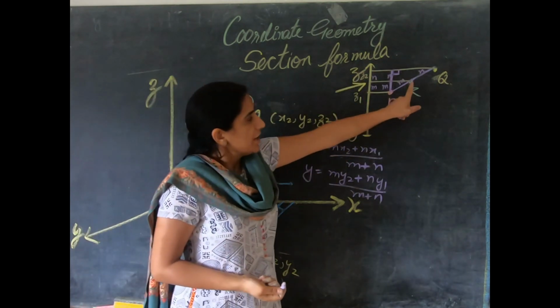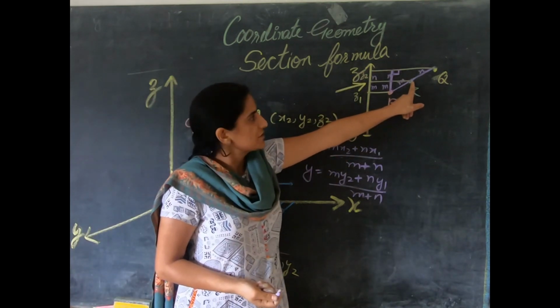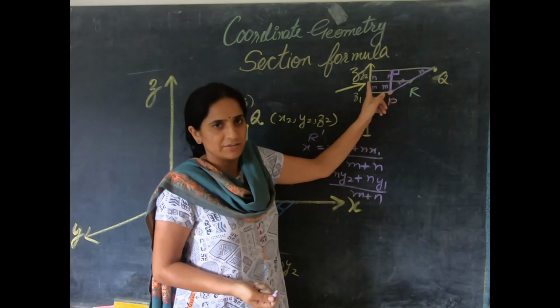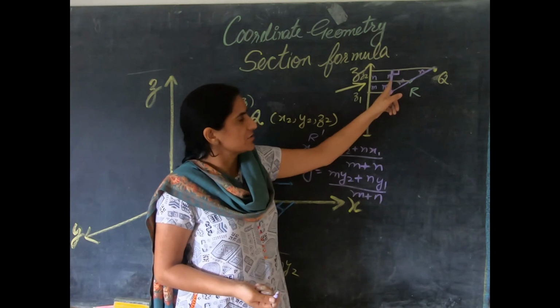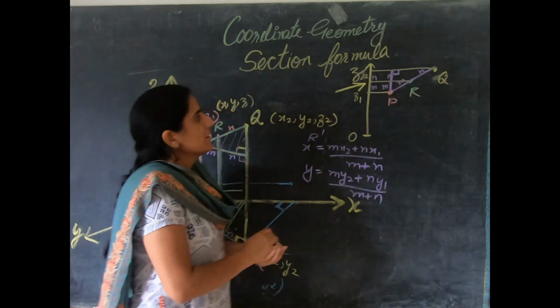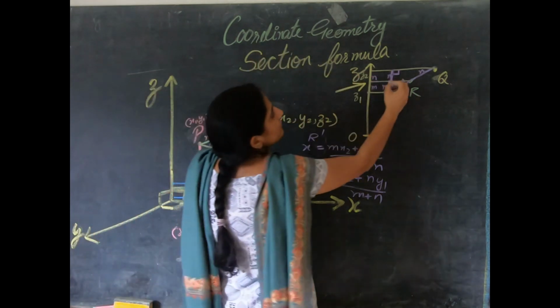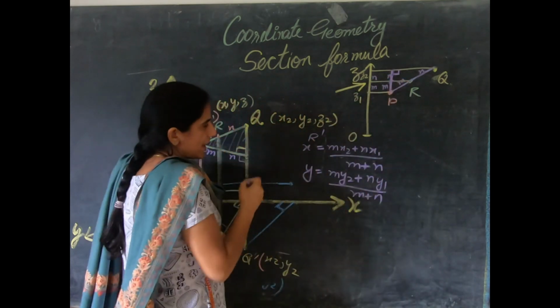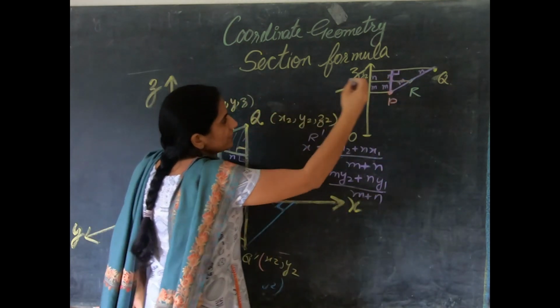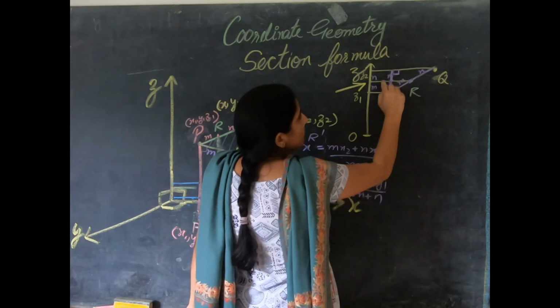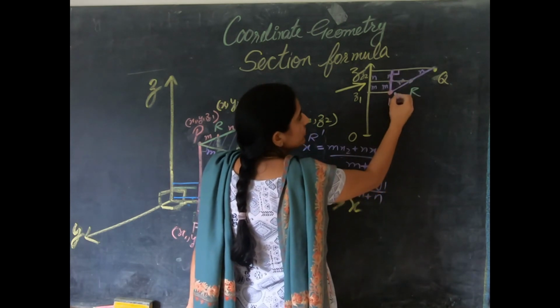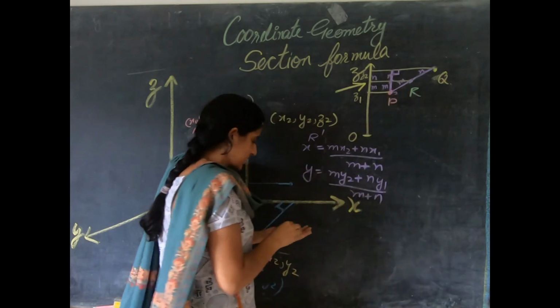Now if we have to find out the z coordinate of this point, that is actually associated with this. This is associated with this and this is associated with this. Here this divides it into m/n.